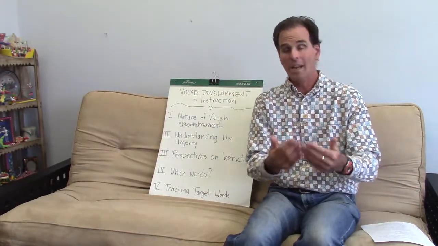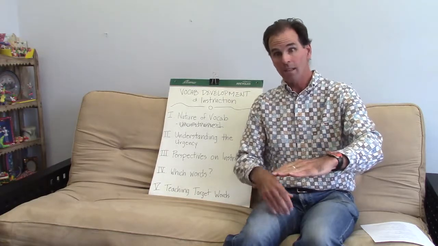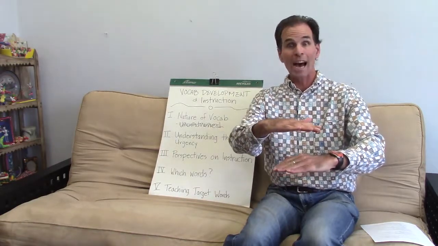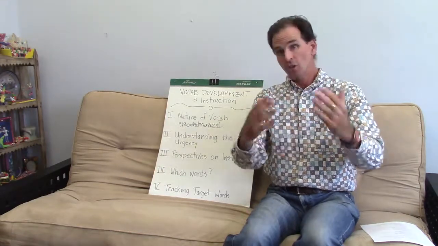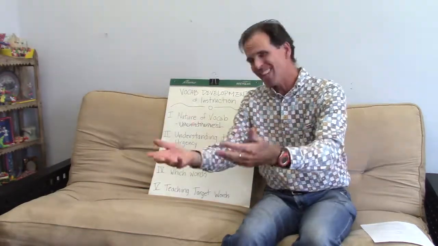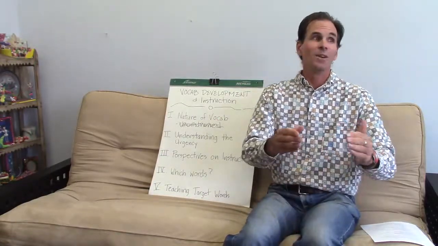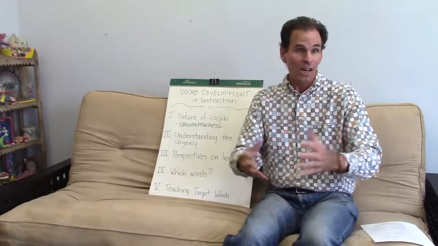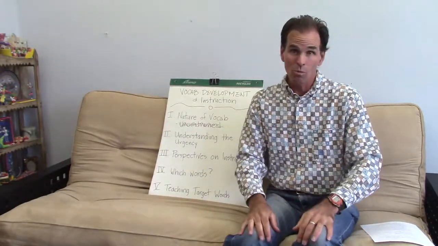He points out that kids learn walk before they learn stride, before they learn amble. He's done some really hard work to demonstrate that that's true. On the other side, experts like Beck and McKeown tend to say no.